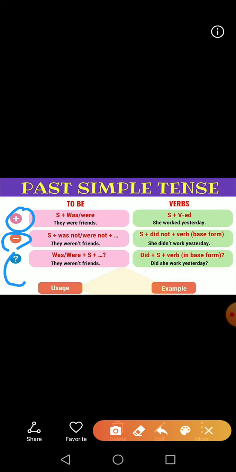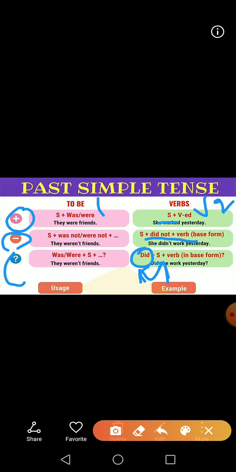The affirmative: subject plus verb ed or verb 2, as we said. If I want to make it negative, I use did not plus the base verb. Question, we use did, and we switch between the subject and the auxiliary verb did. Okay, this is for the verb 2.